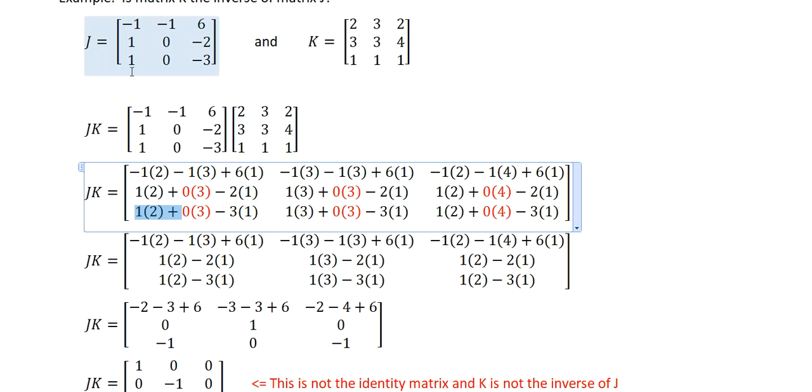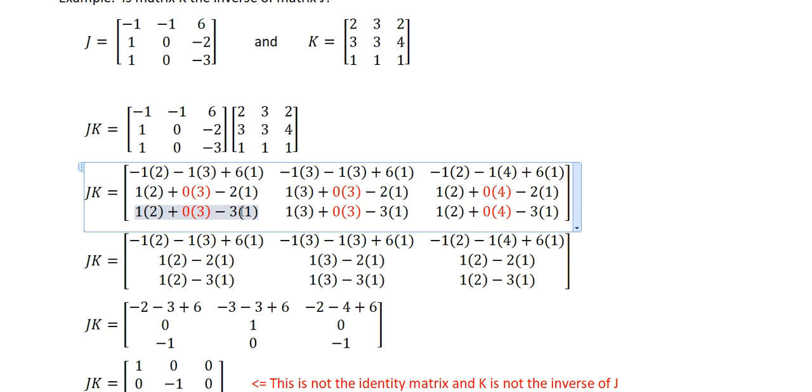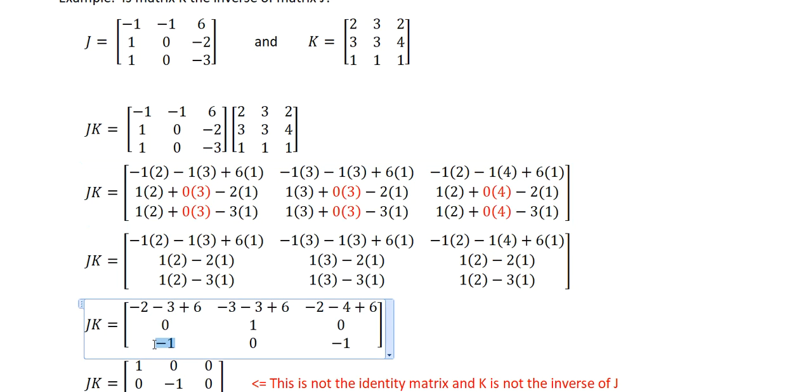We're going to take the third row coefficients, 1, 0, and -3, and multiply those by the elements in the second matrix's first column, 2, 3, 1. So here's a 2, there's a 3, and there's a -3 and a 1. That's 2 minus 3, that's -1. Oh my. That is not equal to 0.